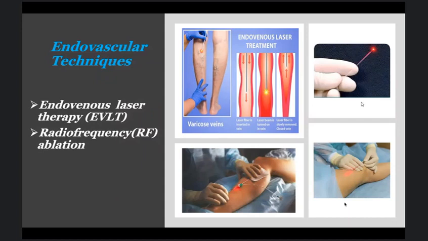Of course, whether laser therapy or radiofrequency, a special catheter, local anesthesia and Doppler ultrasound guidance are used. The catheter is introduced in the great saphenous vein or short saphenous vein, either in the upper leg or in the lower thigh, reaching just below the saphenofemoral junction, and then a laser beam or radiofrequency beam is used to obliterate the lumen of the vein by heat effect.